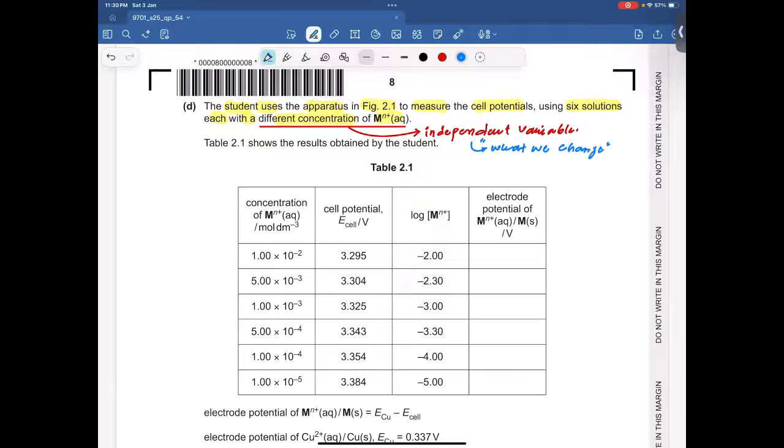Okay, so that's your independent variable. And what we measure is the dependent variable.